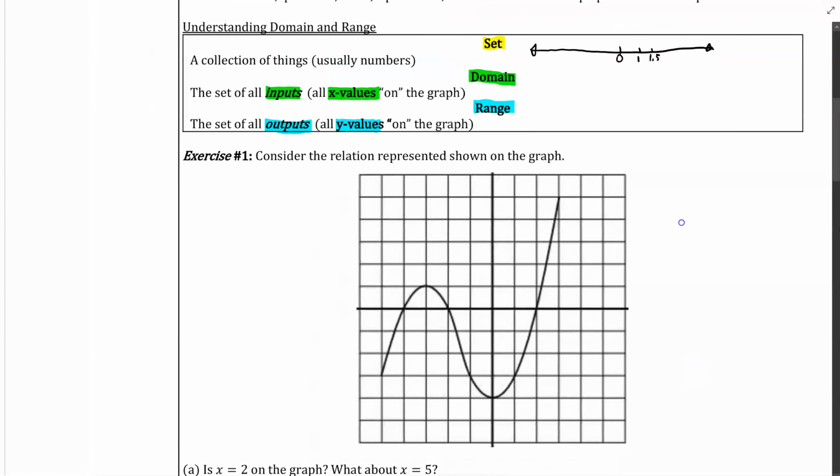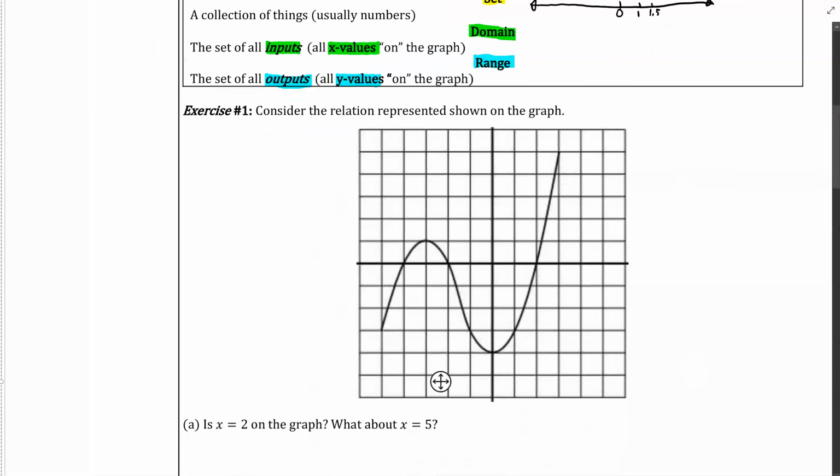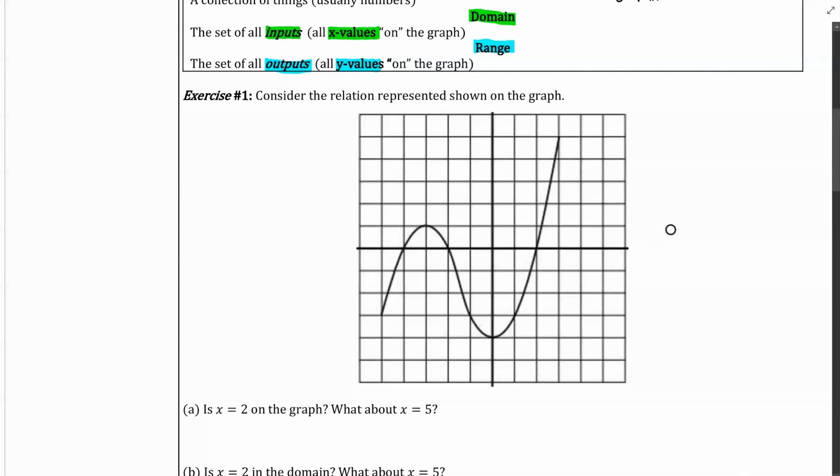Well, consider the graph below, and the question is x equals 2 on the graph? What about x equals 5?